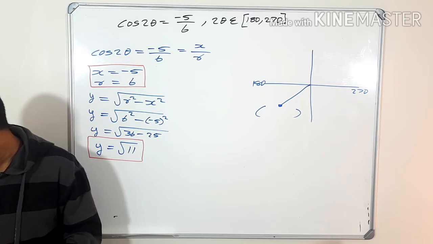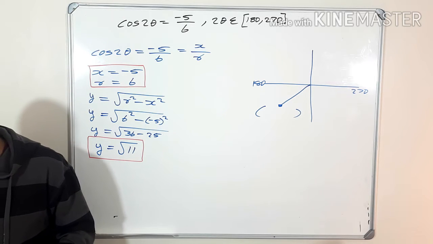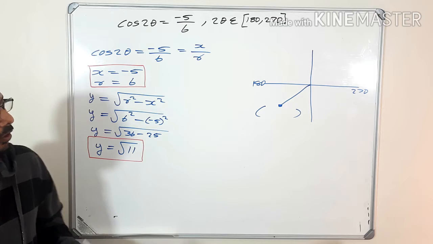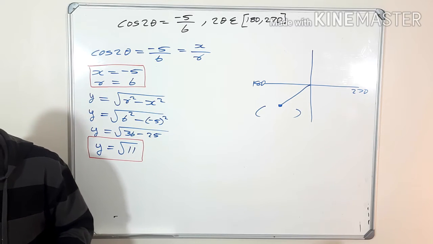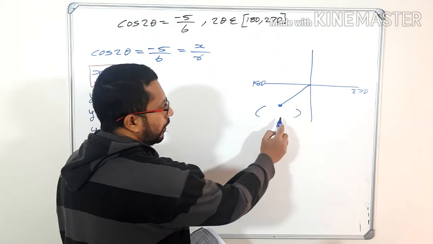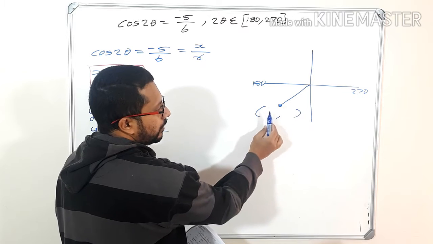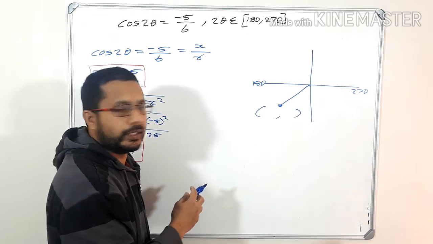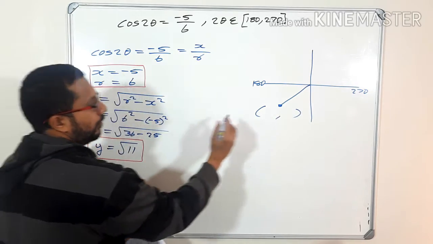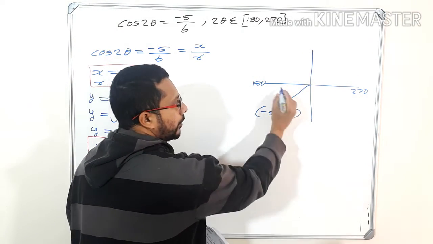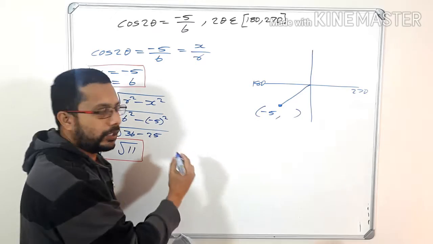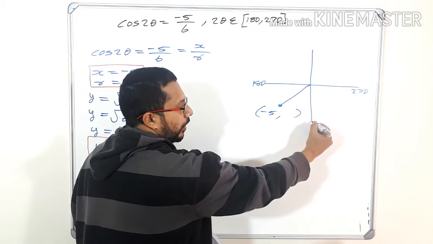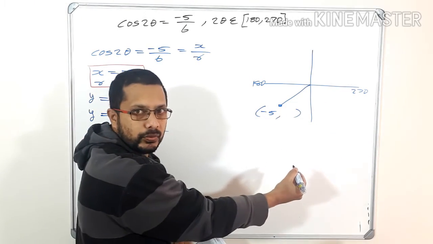But you know that in this third quadrant, x is negative, that is minus 5, and y is also negative.